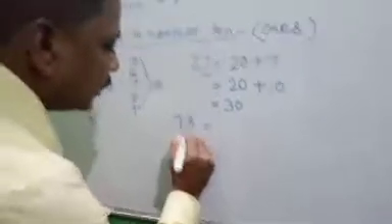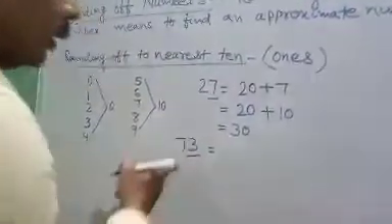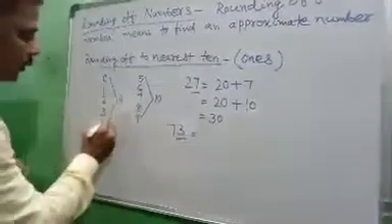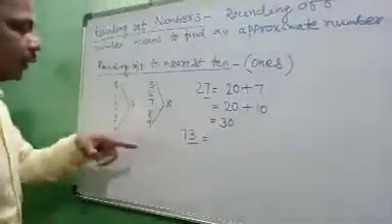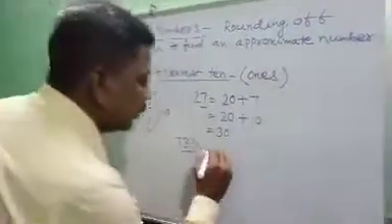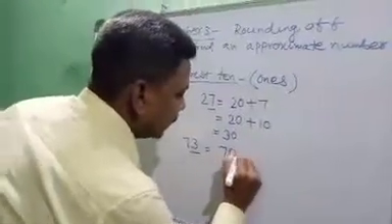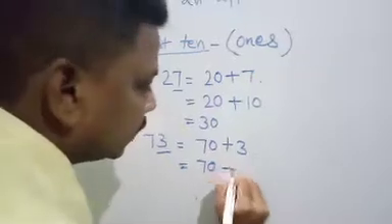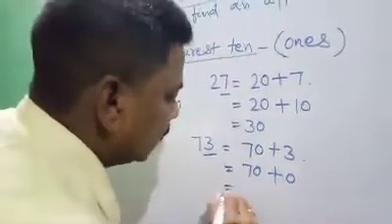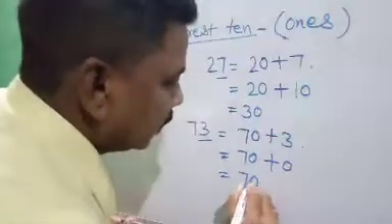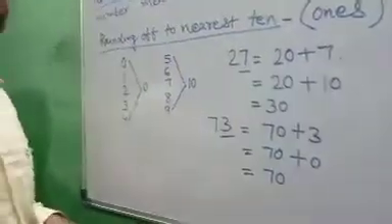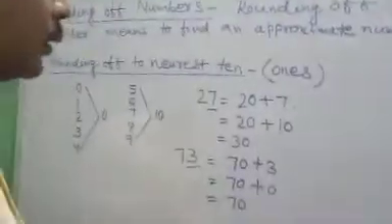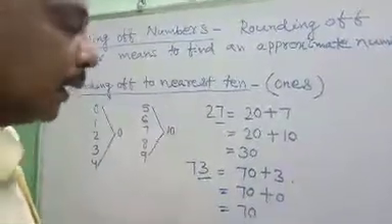We have to round this ones place, and in the ones place 3 is here, so its value will become 0. 70 plus 3 means 70 plus 0, and it will become 70. Okay, in this way we can identify the nearest 10 of any number.